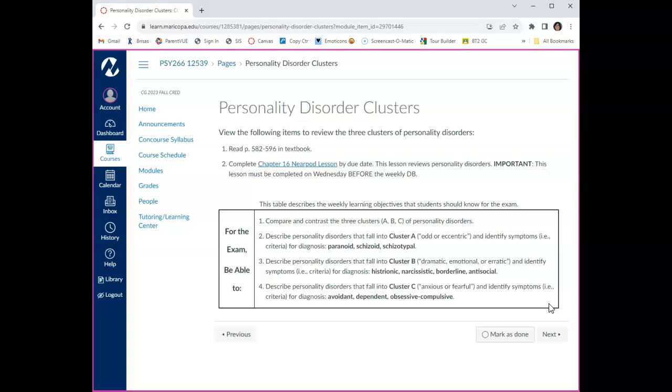In other words, their pattern of behaving and relating to others does allow them to function in their daily lives. The impairment is with other people, not with the individual themselves. In other words, individuals with personality disorders are ego-syntonic. So please read the designated pages in the textbook and complete the corresponding Nearpod lesson.